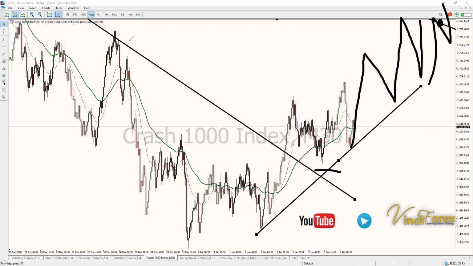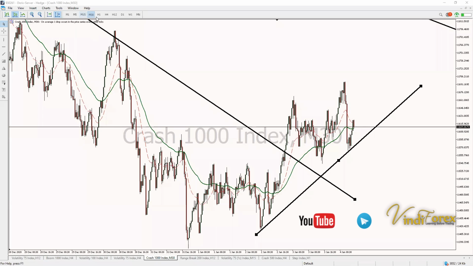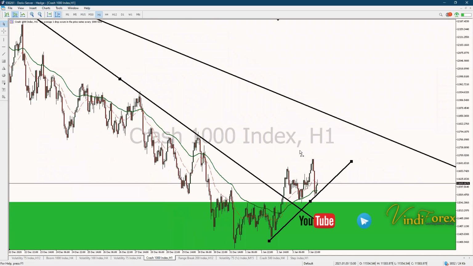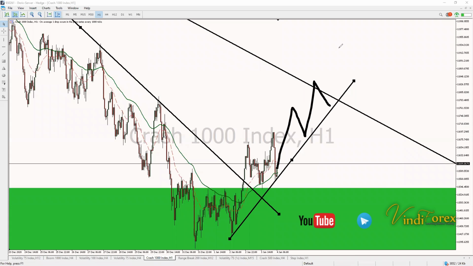Now that you broke this one, a new one is forming, which is this one. So one could be looking to ride that one to the upside, which makes sense because that transition actually took place. The break took place here. So obviously a new thing is being created to the upside just like that. So if we want to break this daily one that I have, this is the H4 one.